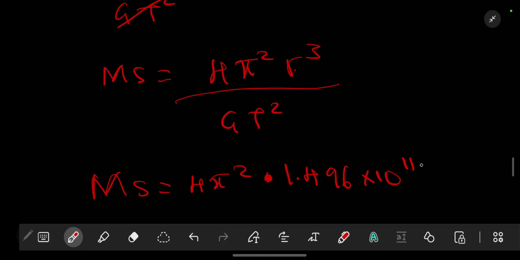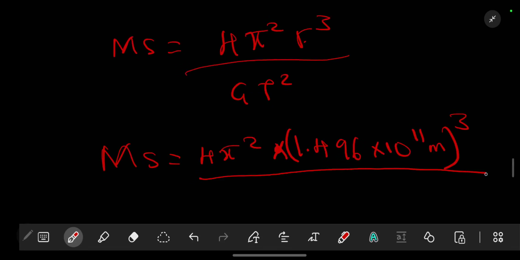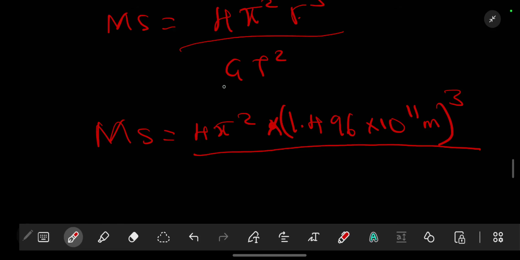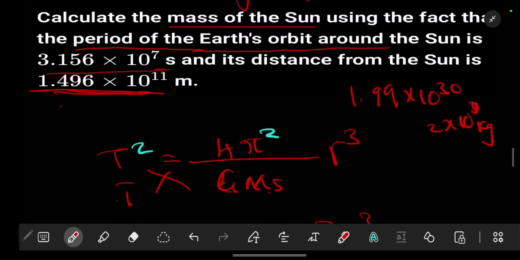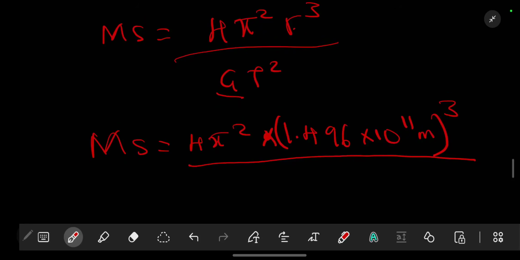Then the radius is cubed. Make sure that you deal with your calculator very accurately. That's the challenge. Then the gravitational constant G has a value of 6.67 times 10 to the power negative 11. This is what we are going to put for G.